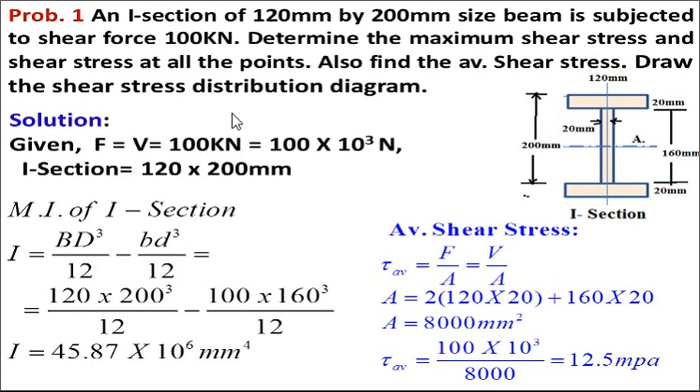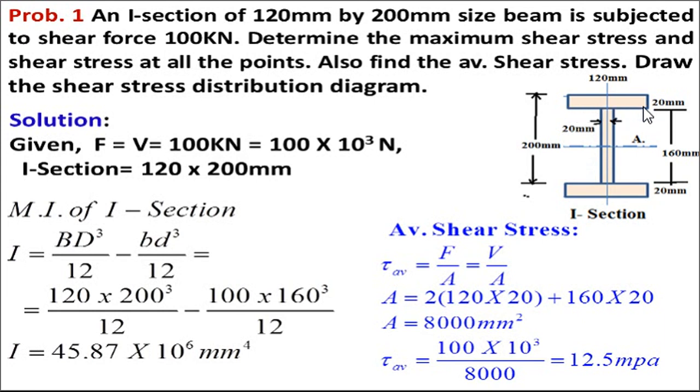The shear force is given as 100 kilonewton, and in newton it will be 100 into 10 to power 3 newton. First of all you have to calculate the moment of inertia of the cross section, because in the shear stress equation there are terms V A y bar upon B I, where V is the shear force and I is the moment of inertia. Now it is a symmetrical section, so you consider a bigger rectangle of 120 by 200. The small rectangle means the empty portion.